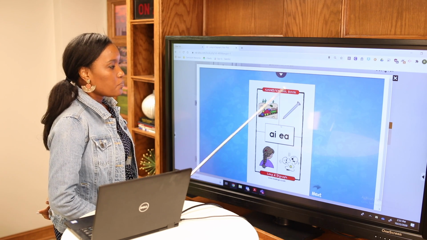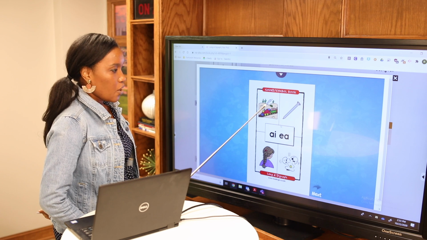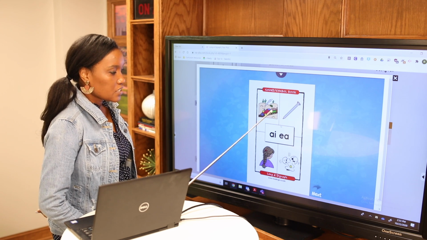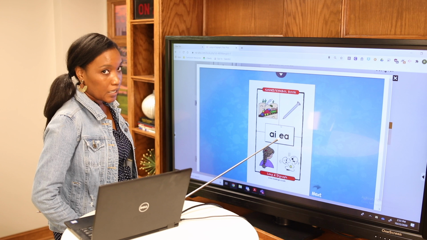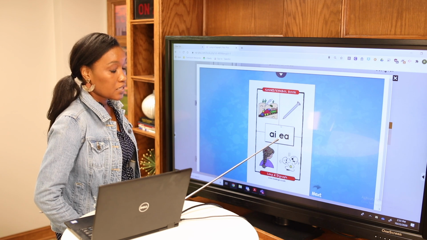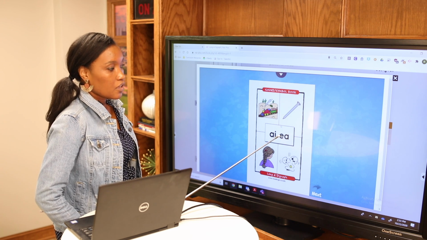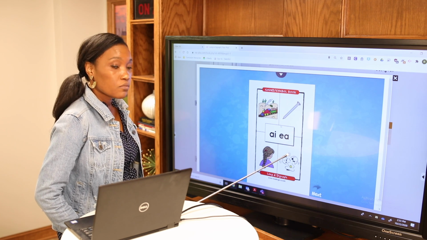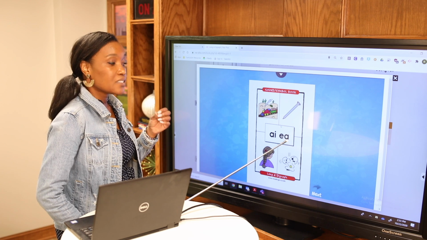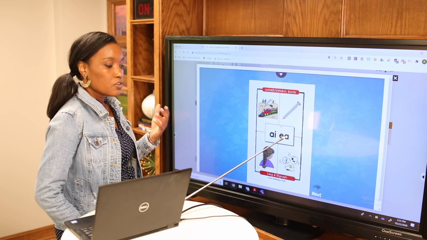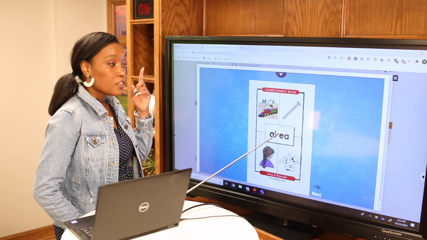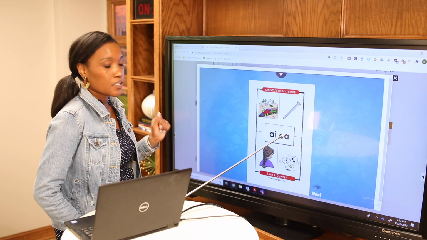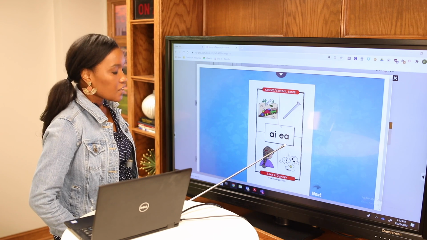Sound symbol book. Now, we're going to look at pictures, and we're going to look at the spelling of the two different spellings of A. We're also going to spell them as we go along, because if you can say it and spell it, you're going to be able to remember the different sounds and the different spellings of A. Let's get started.